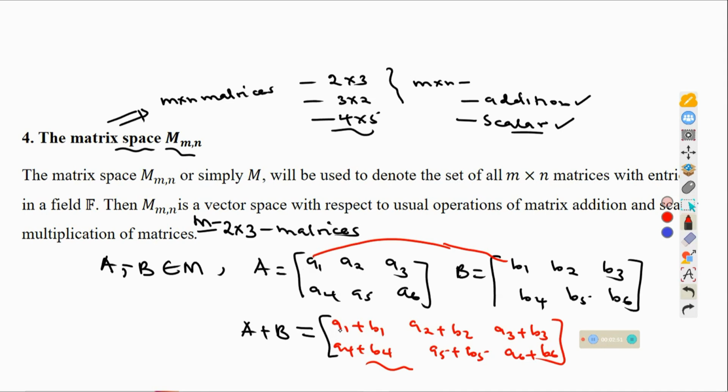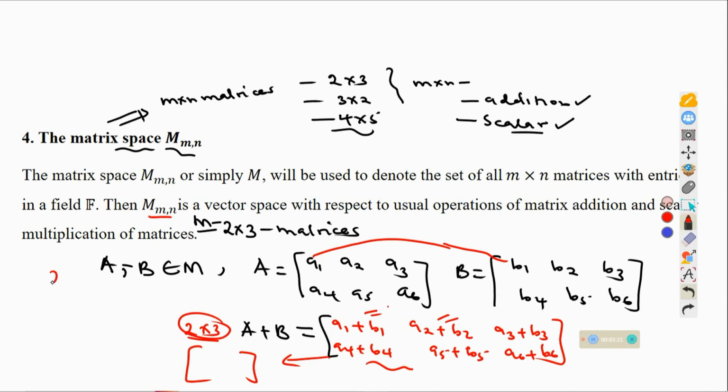So what you obtain here, you can clearly see that these entries are real values. Which means when I add A1 with B1, I can easily get a value here, and when I add A2 with B2, I can easily get a value. The overall result will be a matrix which is also a 2 by 3 matrix. So in other words, when you add a 2 by 3 matrix with a 2 by 3 matrix, you will also get a 2 by 3 matrix, which means that matrix will be within that given space.